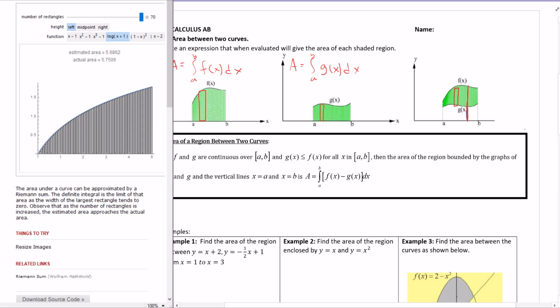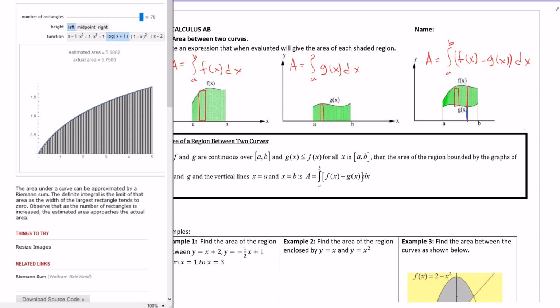So the area of this one would simply be still from a to b, the integral from a to b of, to find that red piece, simply f of x minus g of x, right? So it's the top function minus the bottom function, and that will tell me the area of the region between f of x and g of x.